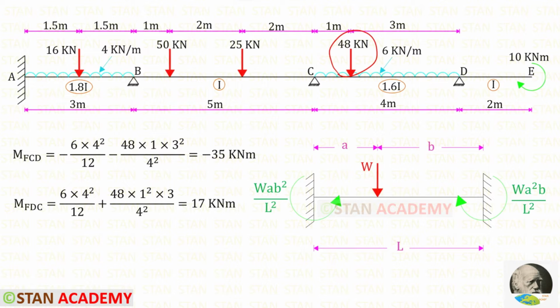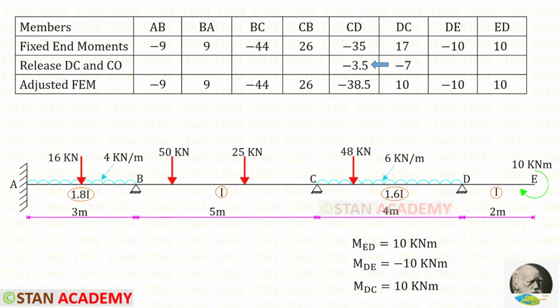We know the formulas to find the fixed end moments. Here W is 48, A is 1, B is 3 and L is 4. After adding these two, we will get M of CD, and after adding these two, we will get M of DC.